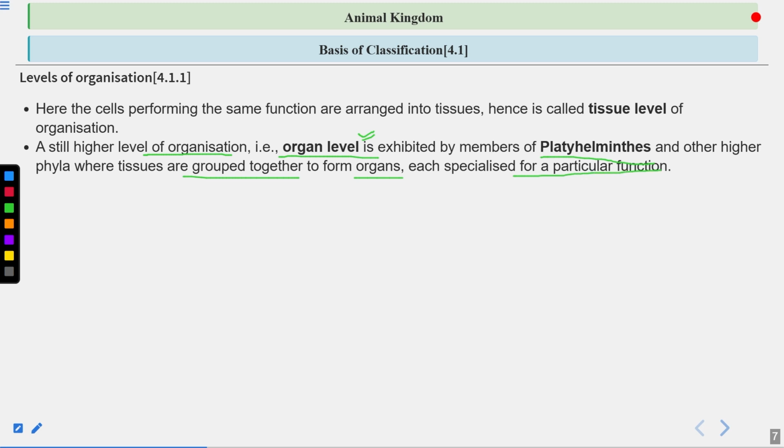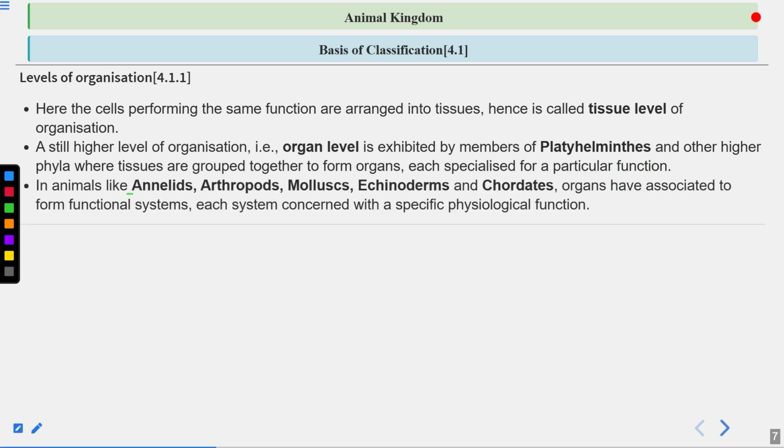It means that every organ is performing a particular function, right? So that is showing the organ level of organization. So we have seen the three levels of organization: cellular level, tissue level, and organ level of organization. Now we will see one more level of organization.